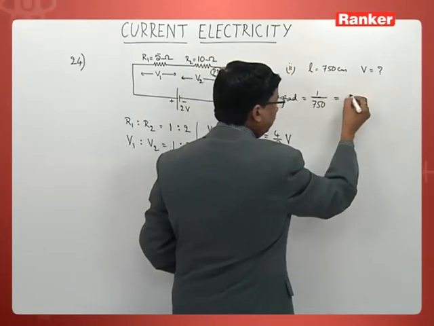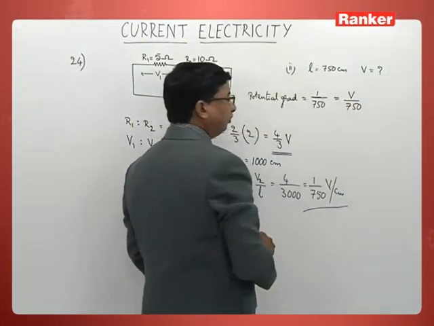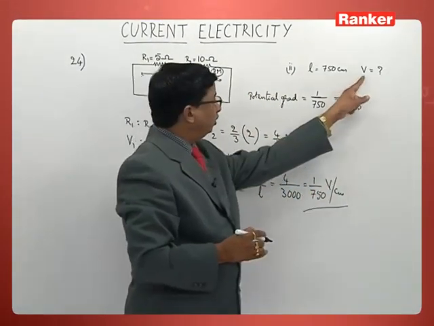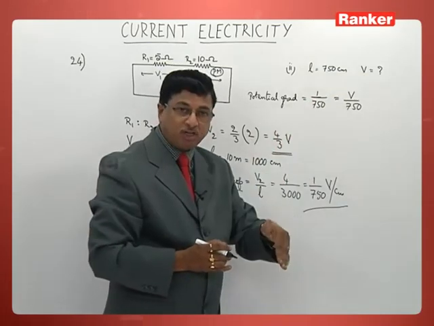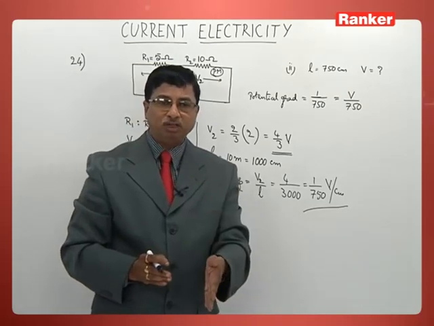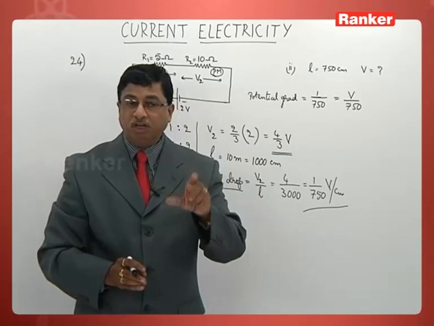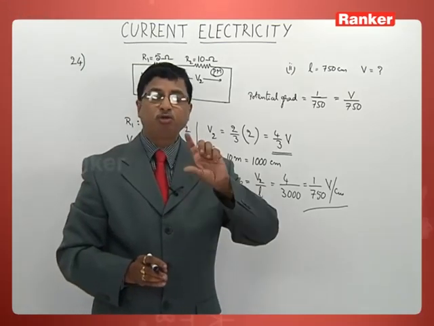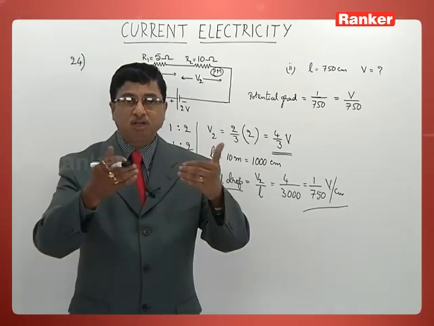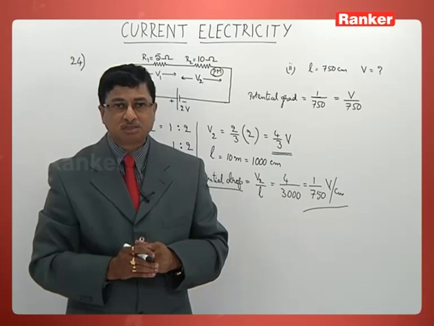That now must be equal to V by 750. So that means potential gradient in the previous case and potential gradient in the present case are supposed to be equal. Why should they be equal? Means that itself is the principle of a potentiometer. Whenever we apply potentiometer or use potentiometer, potential gradient is constant. Based on that only we just work out the applications on that.